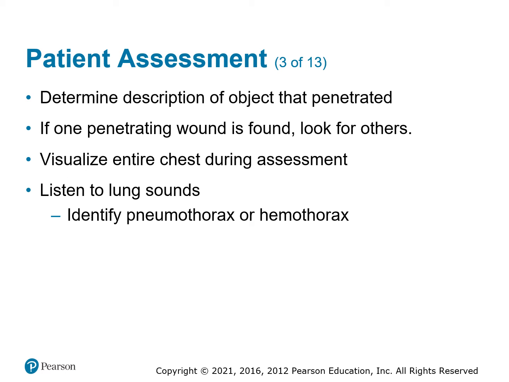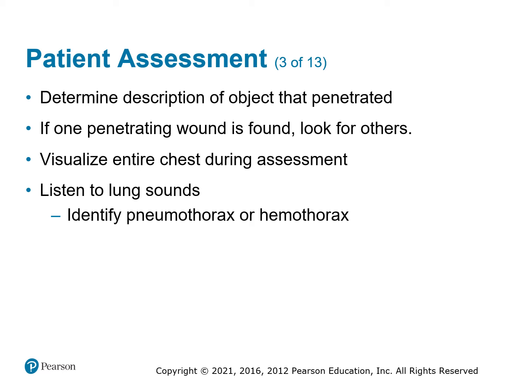It's important in the assessment process to determine what the object was that penetrated, so that you can try to estimate the depth and the potential for injury to the underlying organs. If you find one penetrating wound, make sure you look for others. You're going to assess the front, the back, the sides, every place.